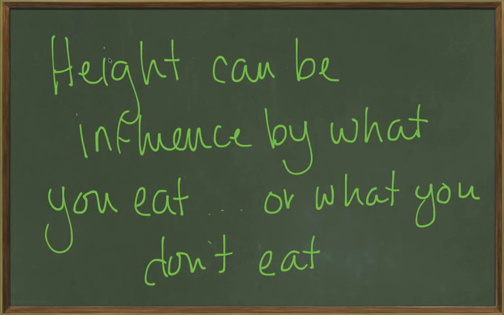And there are many different factors of why they are short. Some of it is going to be their genetics. However, some of it is the food that they eat. So when mom told you to eat all your vegetables, she wasn't kidding. It does help when it comes to your height. So what you eat or what you don't eat can also influence your height. I'm a big believer that height is more determined by your genetics, and that's why I'm so short, but maybe it's because I didn't eat my carrots.